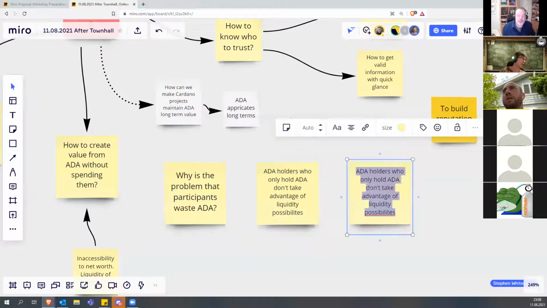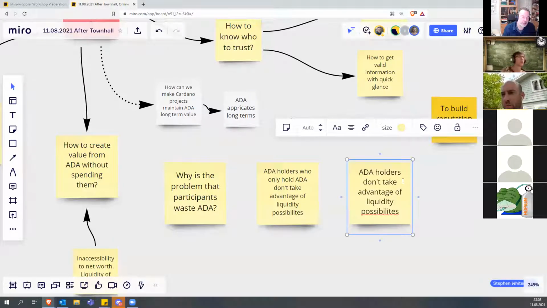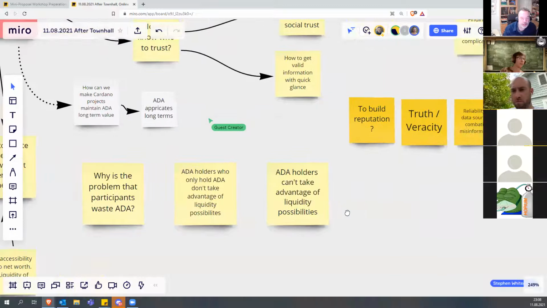One thing, maybe we don't need to mention who only hold ADA. So ADA holders don't take advantage of liquidity possibilities. Let's say can't. You don't have to mention why, because that's obvious. If you're holding, you're holding.